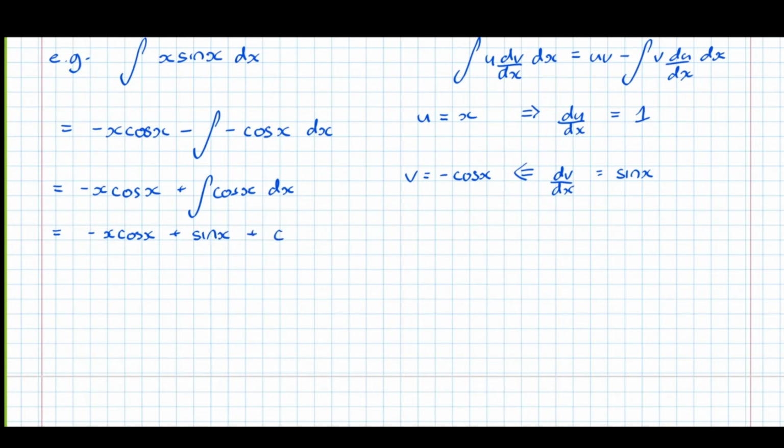And if you struggle with your integrals of trig functions, this is the wheel of differentiation for trig functions. This is how they differentiate. Sine goes to cos, goes to minus sine, goes to minus cos, and integration just goes the opposite way. So cos in this case goes to sine.